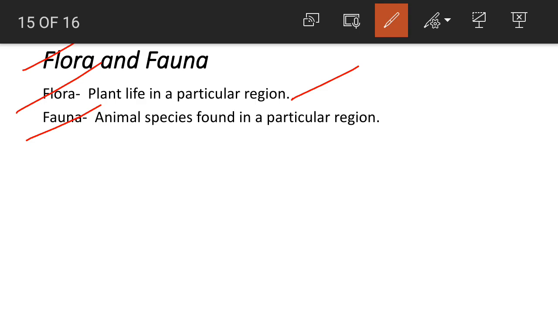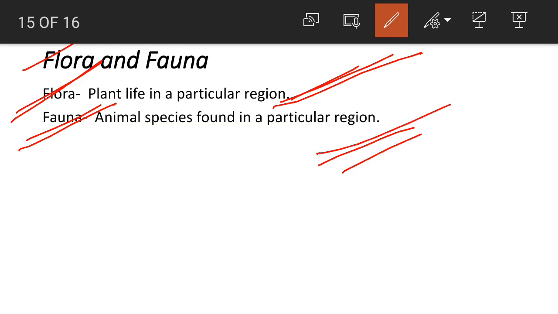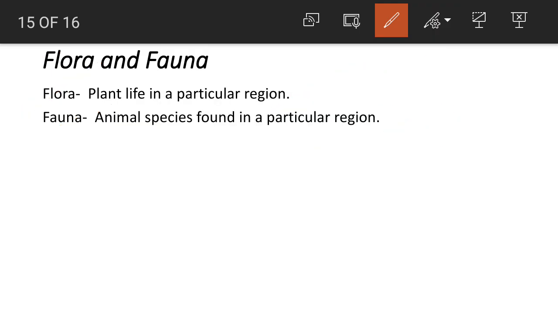In a simple way we can understand: flora means plants and fauna means animals. So I hope you understood this lesson.